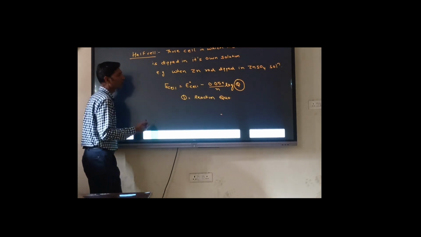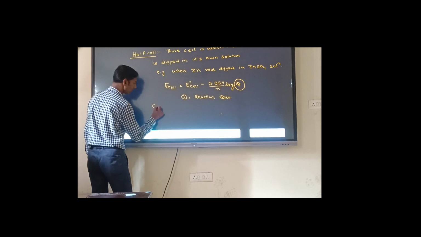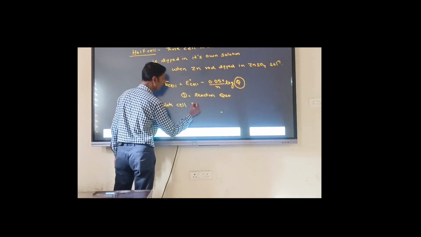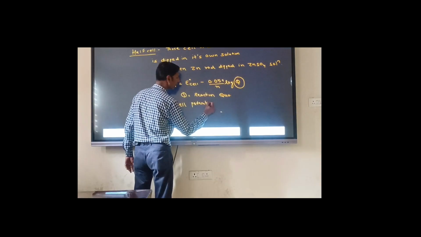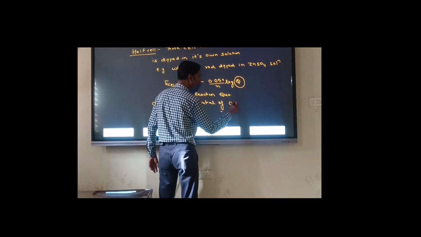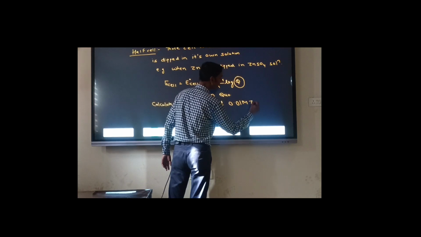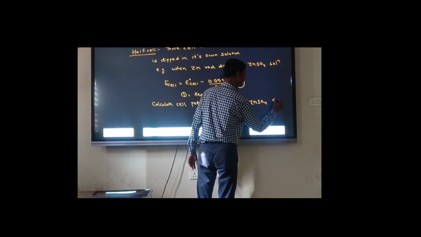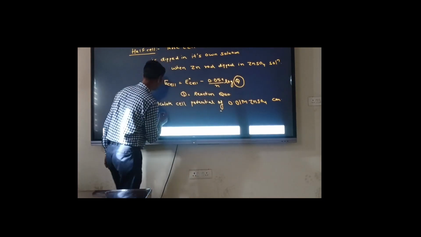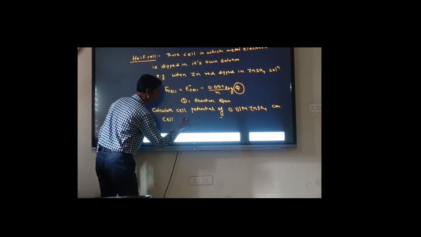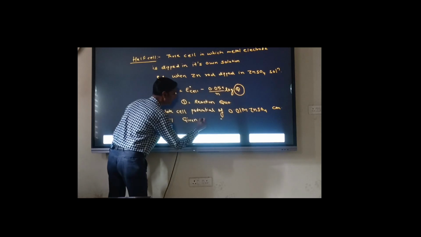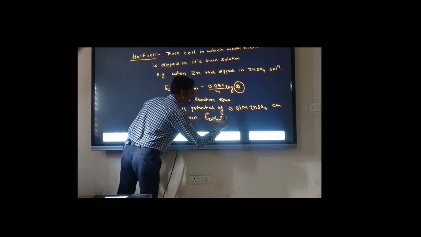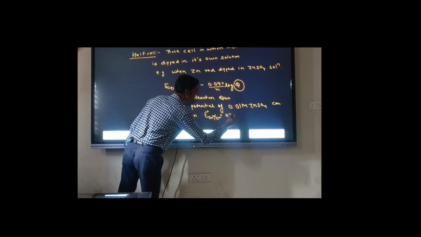So let's do an example of that. Calculate the cell potential of a 0.01 molar zinc sulfate containing cell, and it is given to us that E naught for Zn plus 2 to Zn is equal to 0.76 volt.